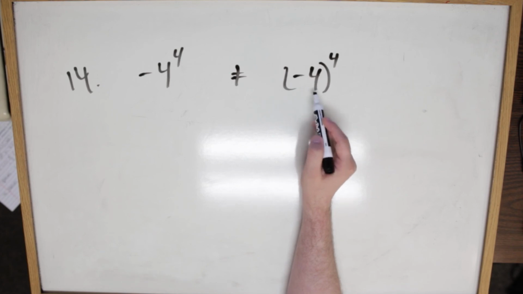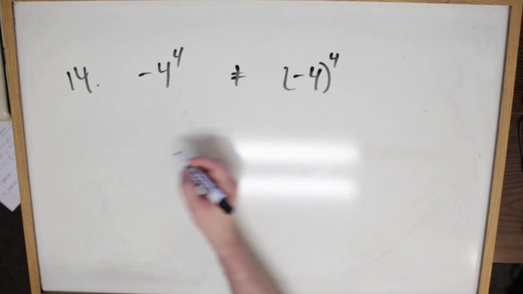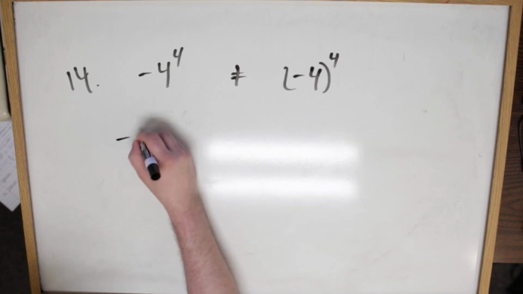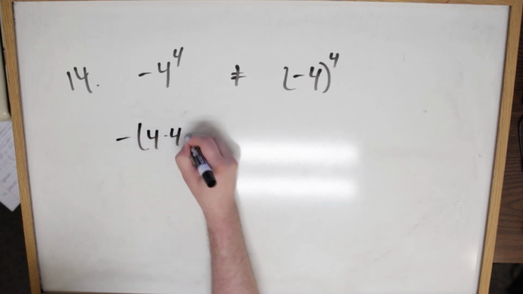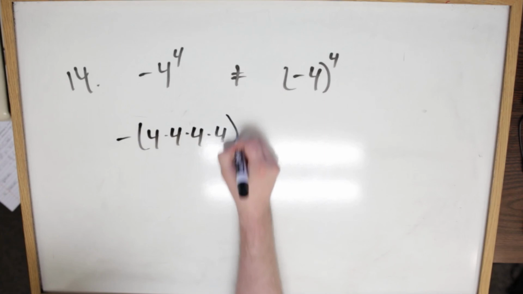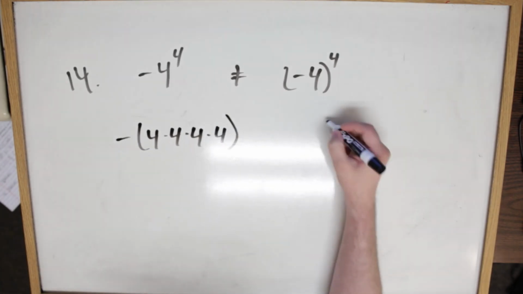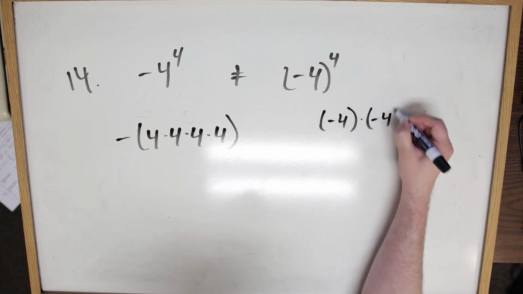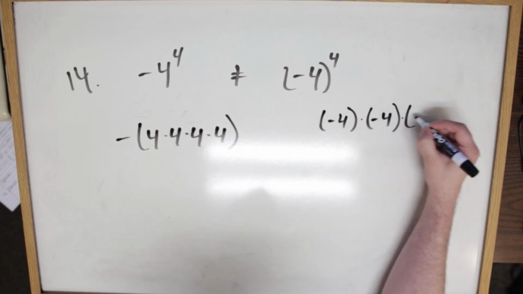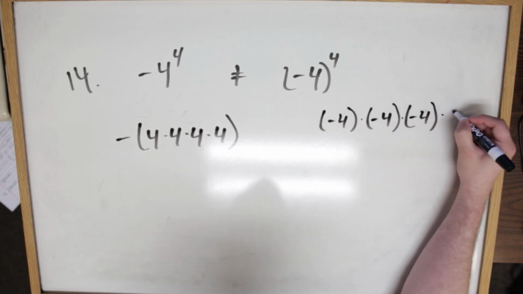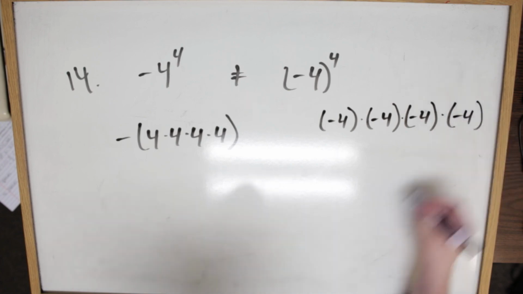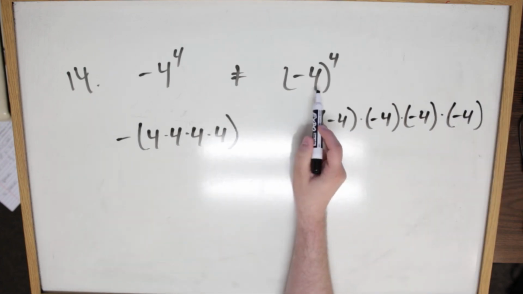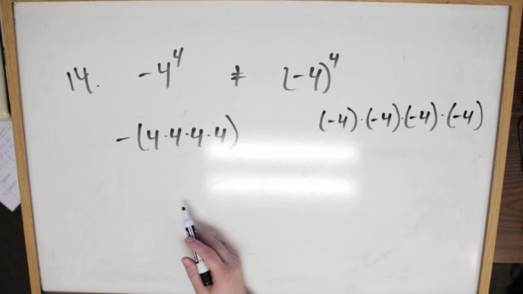They make a big difference, and I always suggest everybody write them out. So this is negative 4 times 4 times 4 times 4. This over here is negative 4 times negative 4 times negative 4 times negative 4. Okay? So that is what this is. This is what that is.